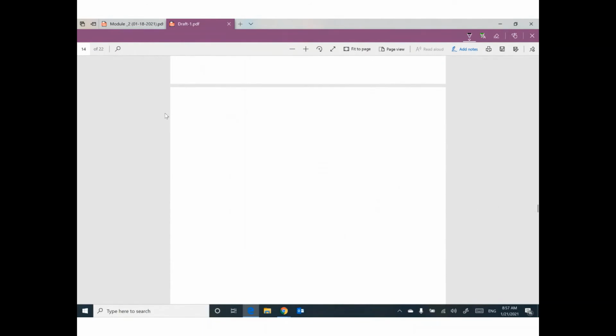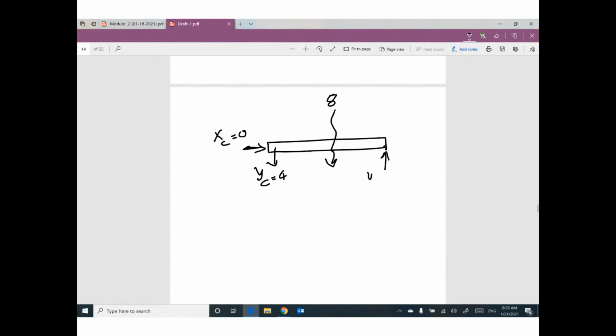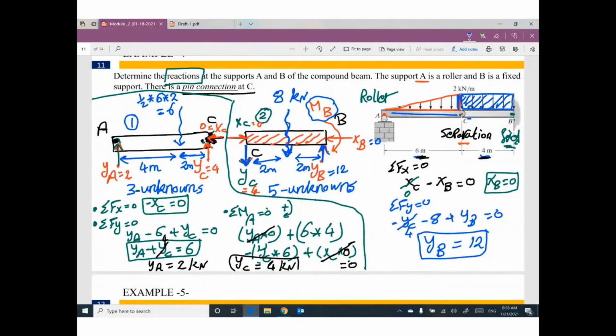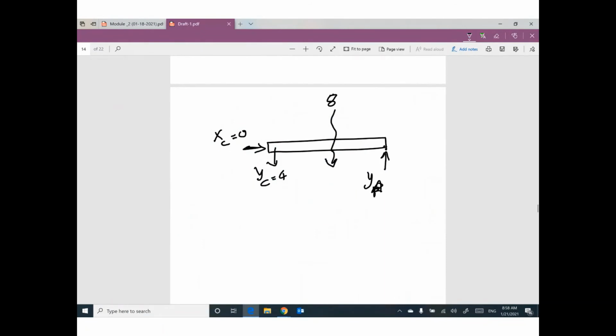I can do it here one more time. Here is YC equal 4. Here is XC equal 0. Here is the equivalent force equal 8. Here is YB equal 12. XB equal 0.